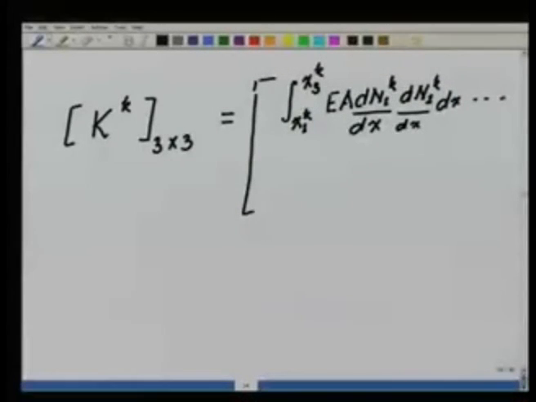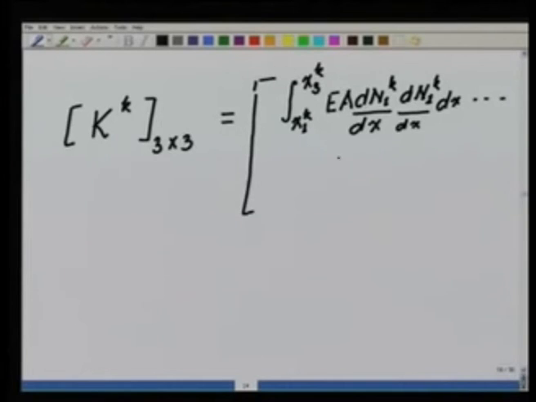This I will take. So for the first row of this, I will have EA d n1k dx into d n1k dx as the first column entry, EA d n1k dx into d n2k dx as the second column entry, and the third will be d n1k dx into d n3k dx as the third column entry.